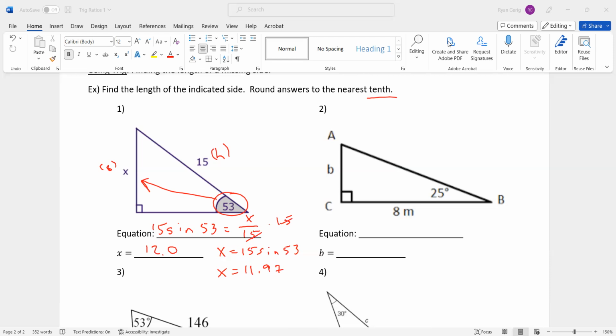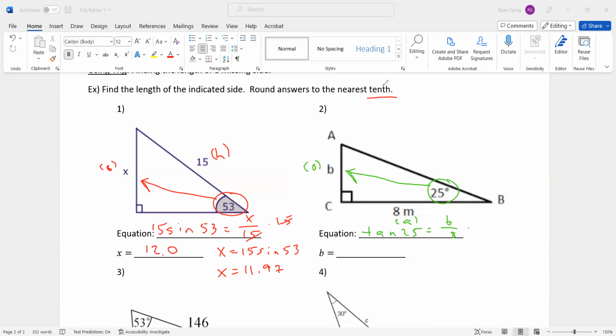Next one, number 2. Again, I'm looking at the 25-degree angle. I have the side opposite, and I have the adjacent side. I do not have the hypotenuse. Which trig function deals with opposite and adjacent? That would be tangent. So the tangent of 25 equals the opposite side, b, over the adjacent side, 8.